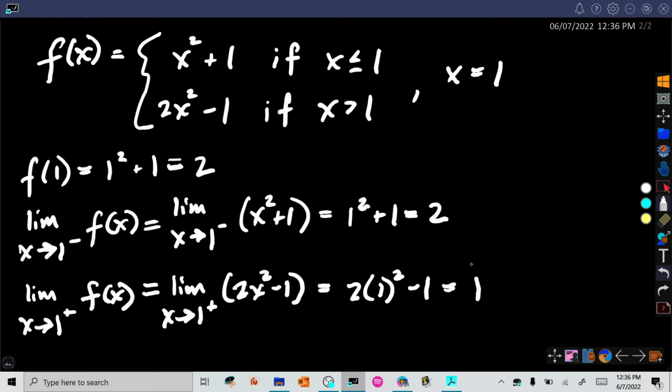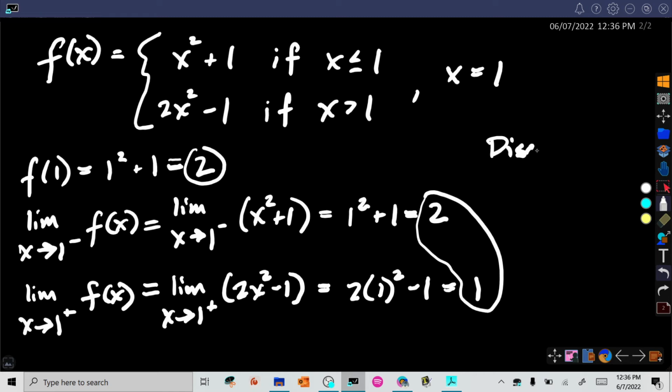So condition 2 is not satisfied here, which means that because these two things do not match with this thing, this is a discontinuous function at x equals 1. So it's discontinuous.